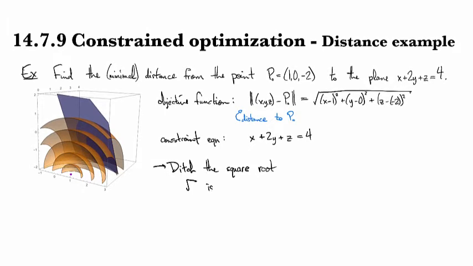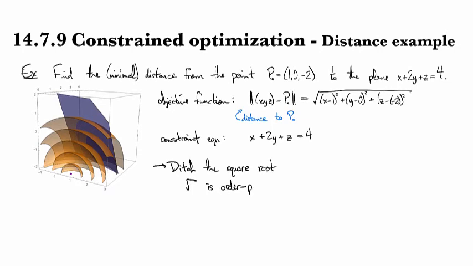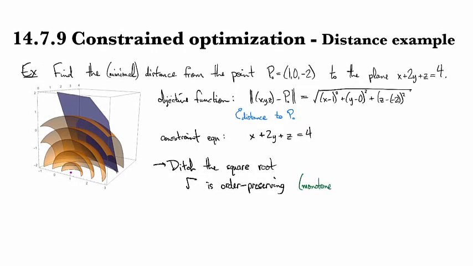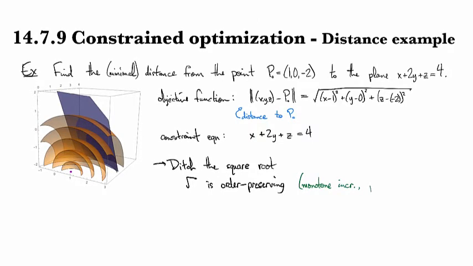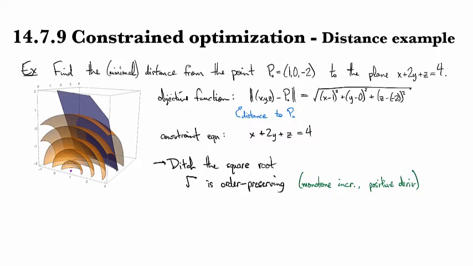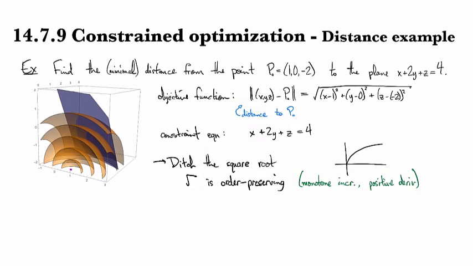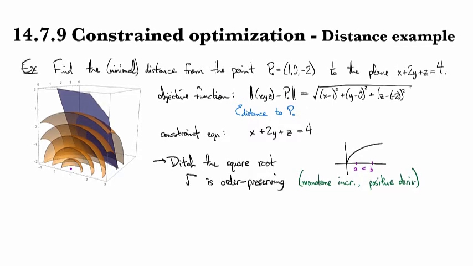The square root is an order-preserving function. Order-preserving means that it's monotone increasing. For example, whenever you have a function that has a positive derivative everywhere, we're just working in single variables here, the square root function looks like this.